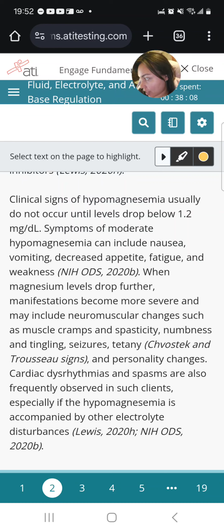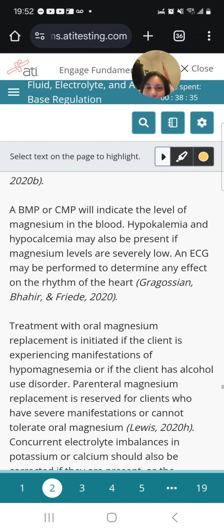So hypomagnesemia is the opposite of chill, right? You have cramps, spasms, cardiac dysrhythmias, muscle cramps, spasticity, numbness and tingling, seizures, and tetany.